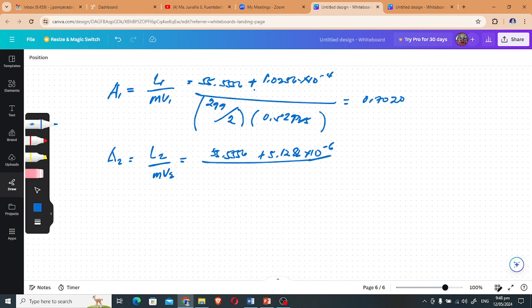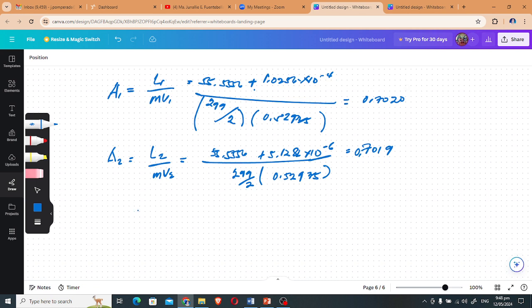So that's your L2. For the slope, the same as on top, but this time you multiply it with 0.52935. So you'll have an A2 value of 0.7019, almost the same.